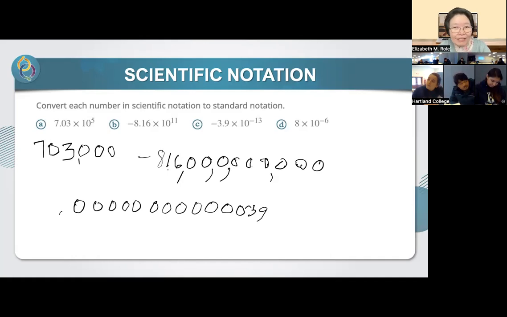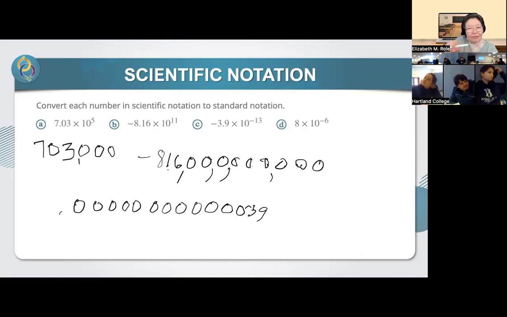Because you're moving your decimal to the left, after that decimal, if there's 1 number after the decimal, that will be the 3. So you always subtract one number from the 13, right? That's why we're adding 12 zeros.